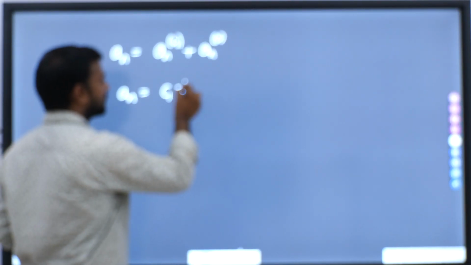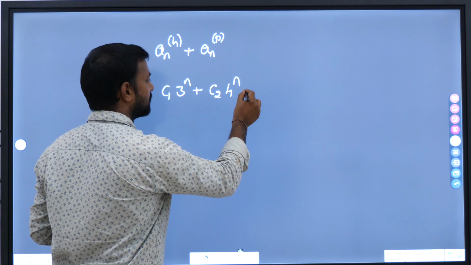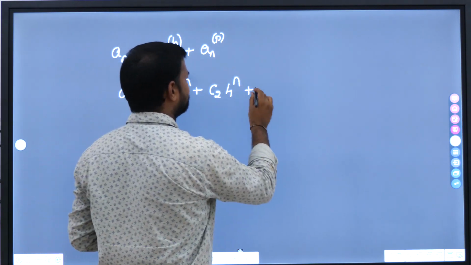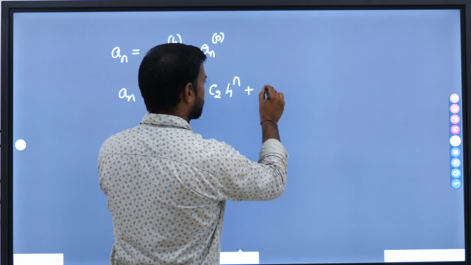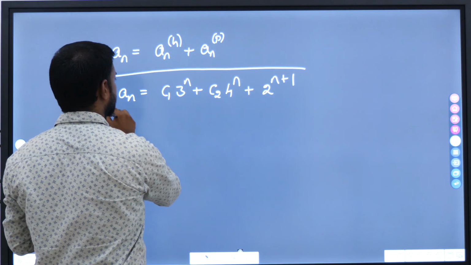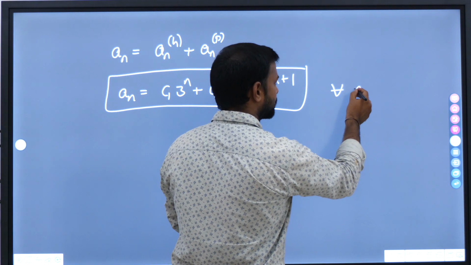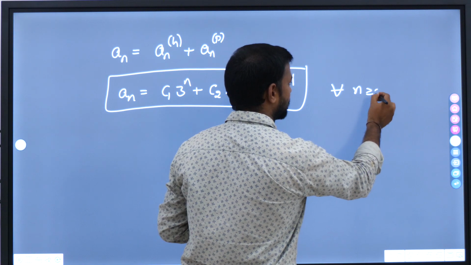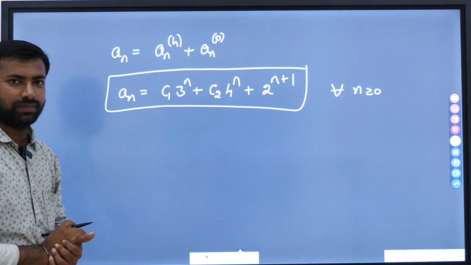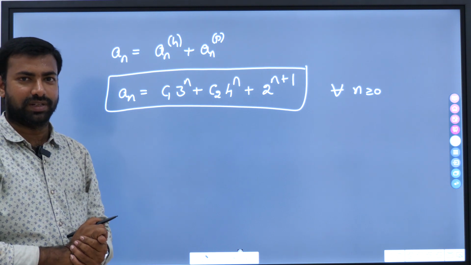C1 into 3 power n plus C2 into 4 power n plus, we got this one as, 2 power n plus 1. So this is the solution. Okay. For all n, it depends on where it is given. Let me take n greater than or equal to 0. Okay. So this is how we can easily solve a non-homogeneous equation.